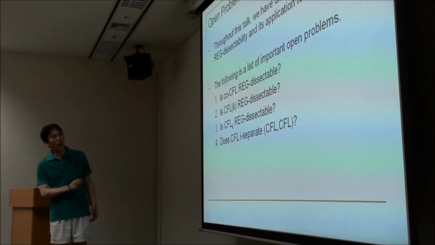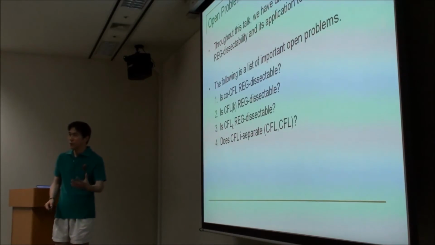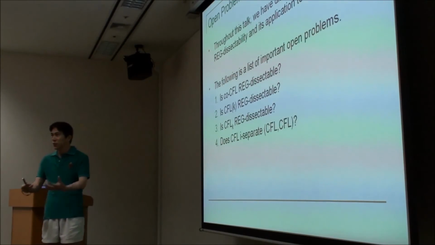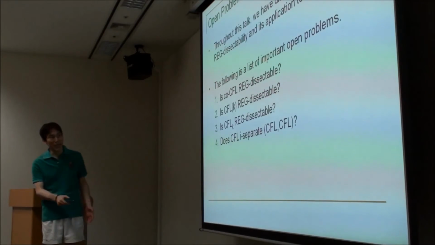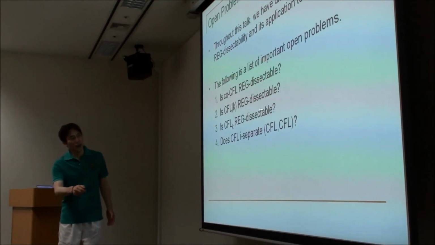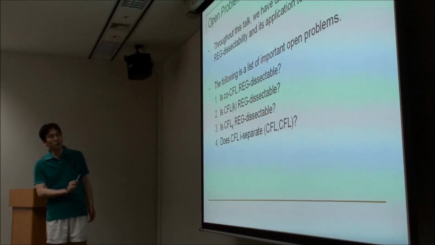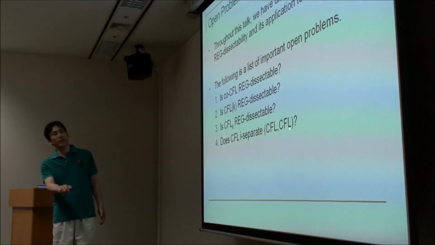Similarly, I have no idea how to prove that CFL_K and CFL sub K are both regular dissectable. What I have proven in this talk is the bounded, restricted version of CFL_K and CFL sub K. And concerning the separation, I have no proof for the claim that CFL I-separates CFL comma CFL.